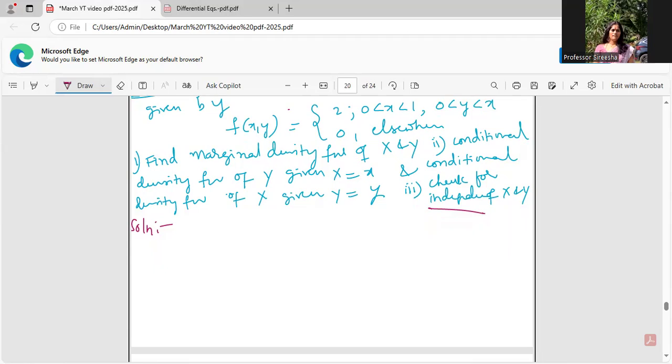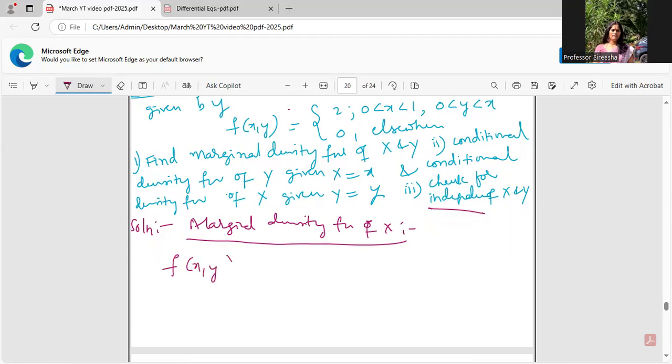How do I find the marginal density function of x? In discrete, anyways, we have seen. In case I missed out in continuous, then okay. So actually the function f of x comma y is given to me like this.